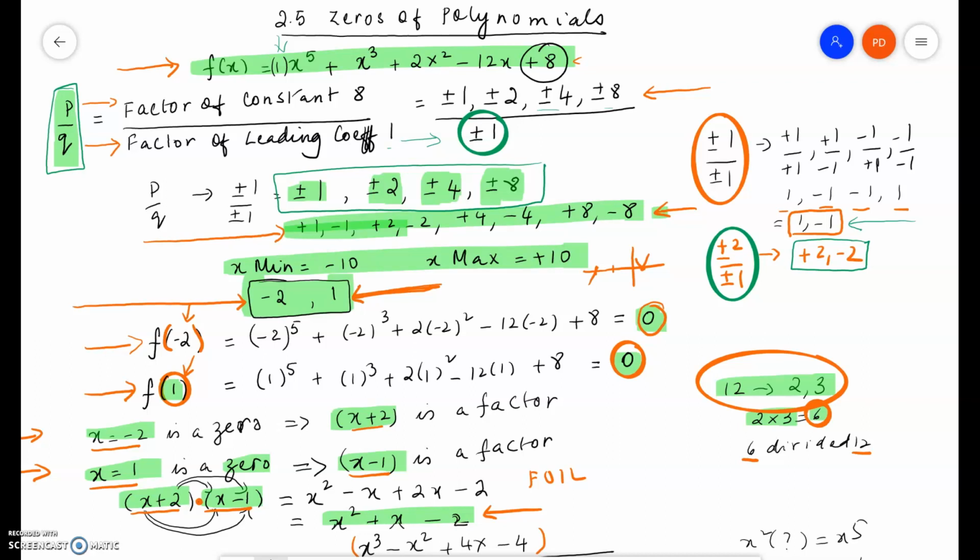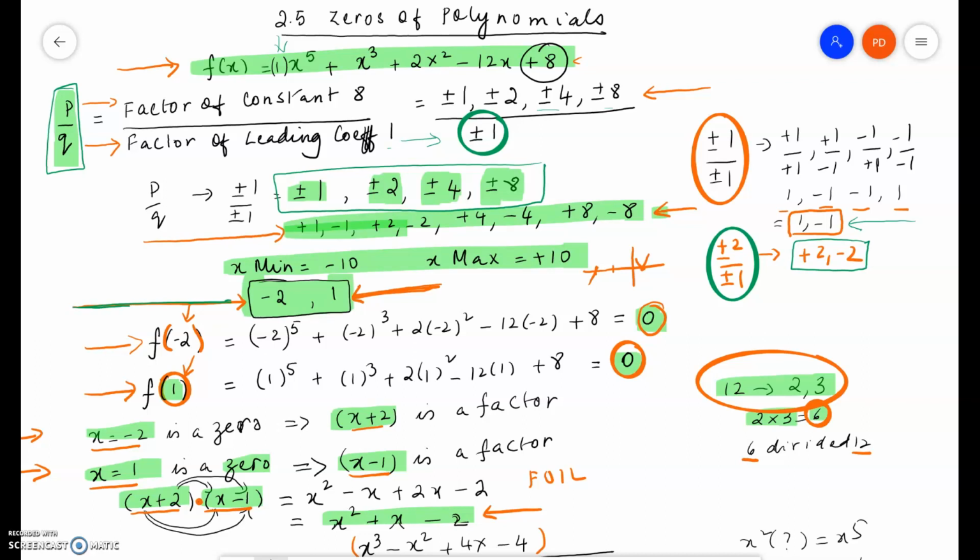I'm going to graph this function on my graphing calculator and look at a small window with an x minimum of negative 10 to an x maximum of positive 10, because all the possible zeros lie between negative 10 and 10. So I will know at least roughly where the graph crosses the x-axis or touches the x-axis. So when I graph the function and look at it in that small window, this is what I notice.